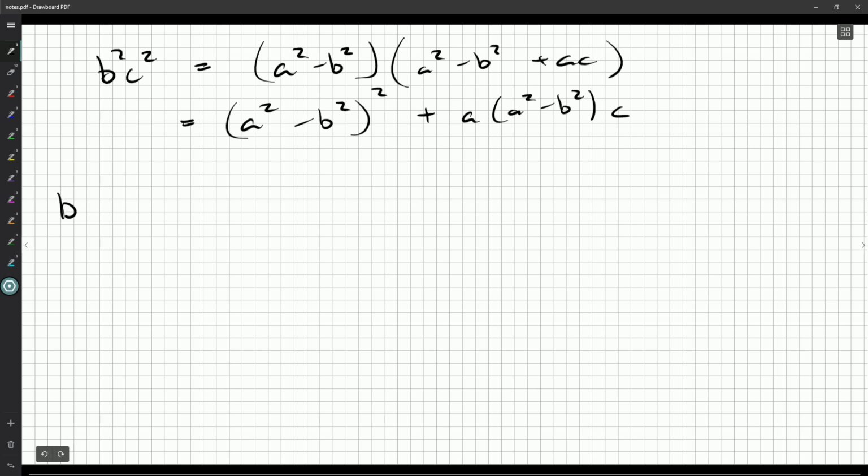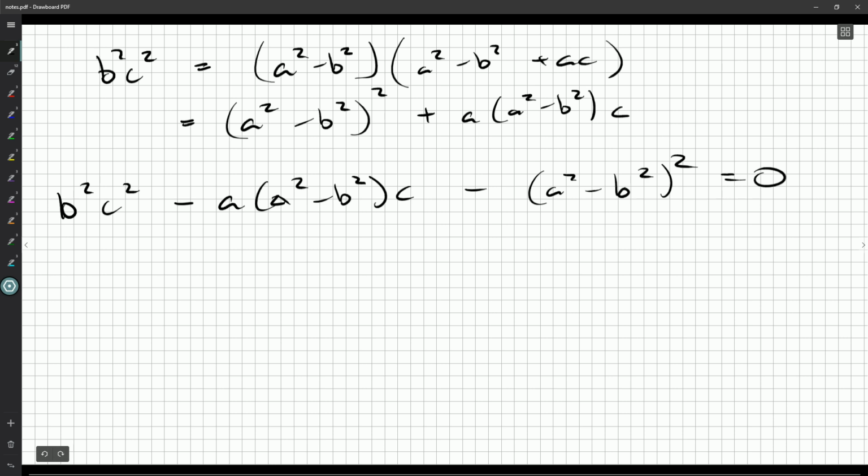And then we can say, well, that's b squared c squared minus a squared minus b squared c minus a squared minus b squared squared has got to be 0.